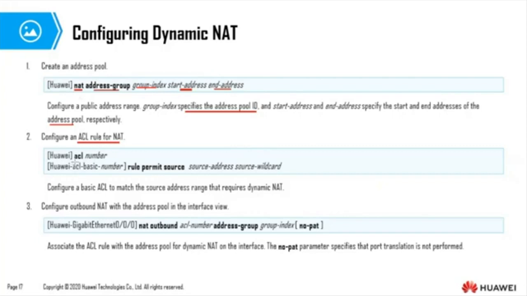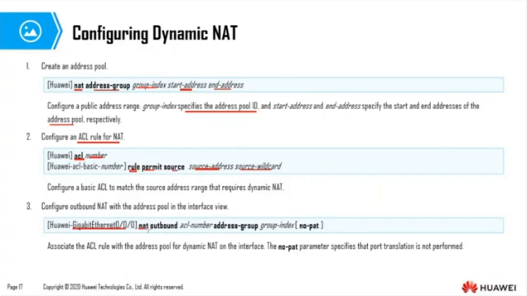So we learned how to configure ACL. So ACL 2000, for example, you want to use a basic ACL, then rule permit source, the source private IP address and the source wildcard. So for example, 192.168.1.1, 0.0.0.255.